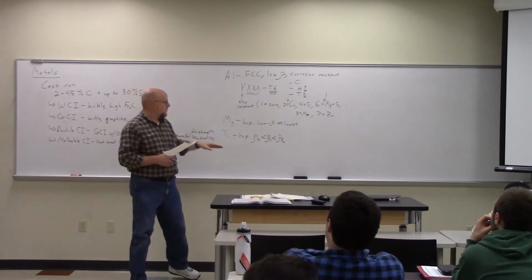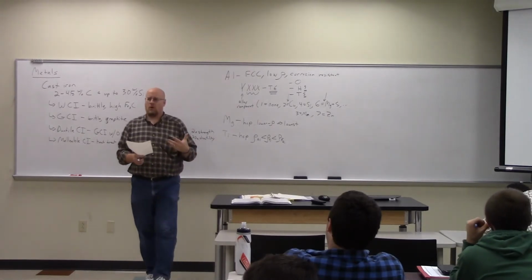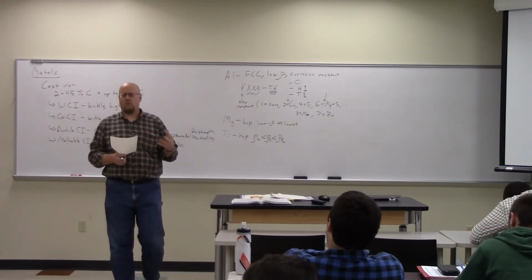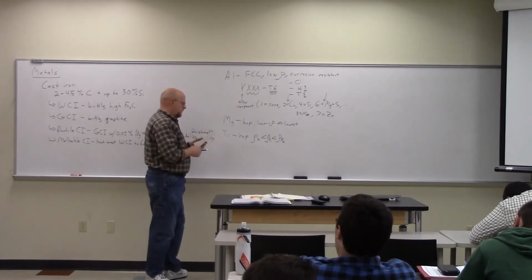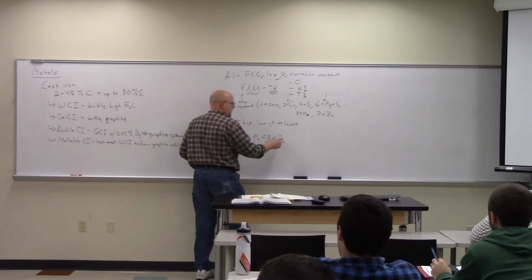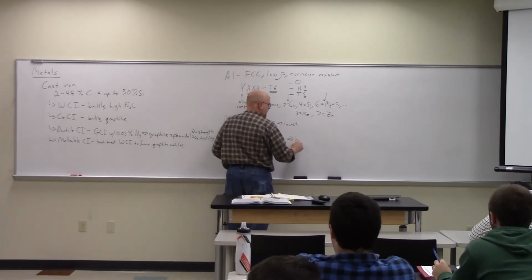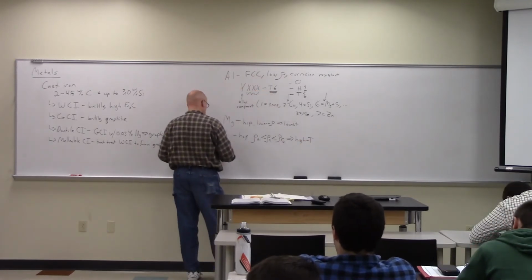Okay, so titanium passivates the same way aluminum does. I think actually titanium's passive layer is thicker than aluminum's, but I don't remember that for sure. So again, primarily used for high temperature applications. That's where titanium is most useful.